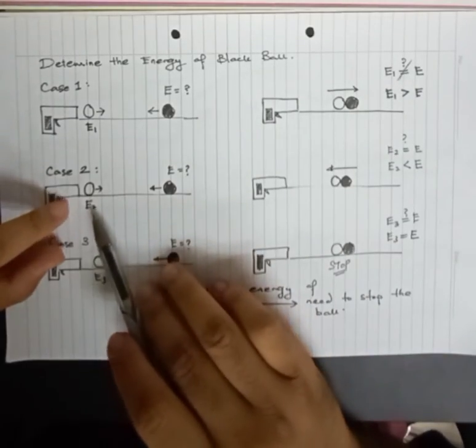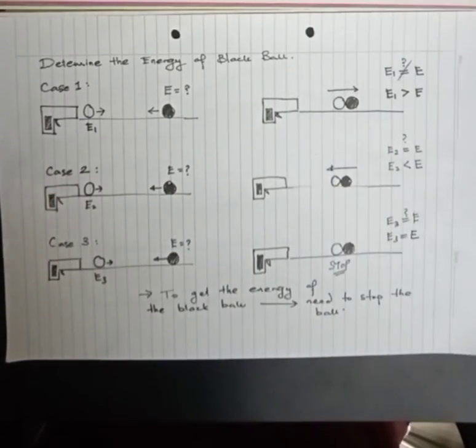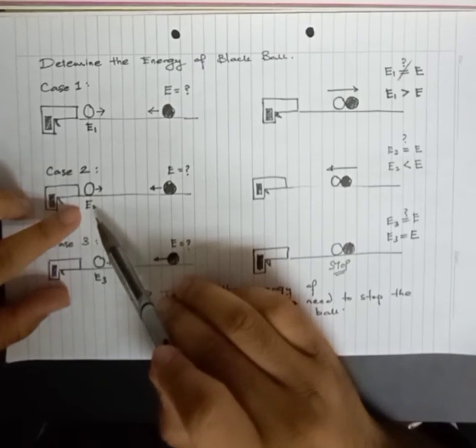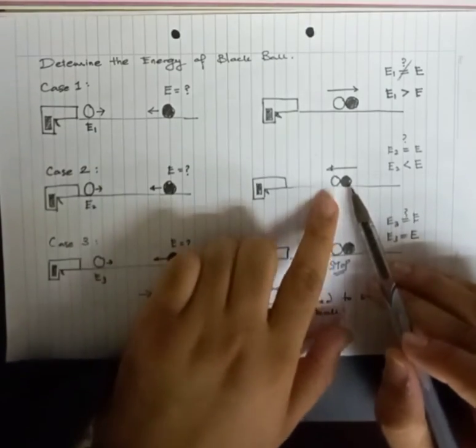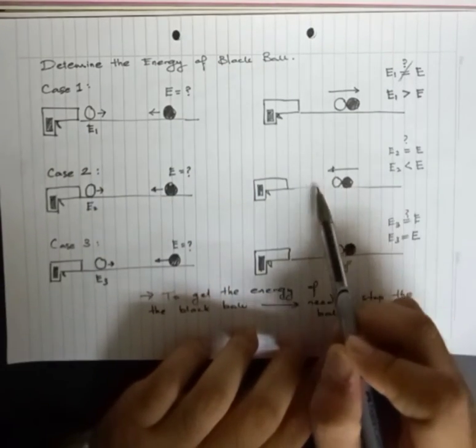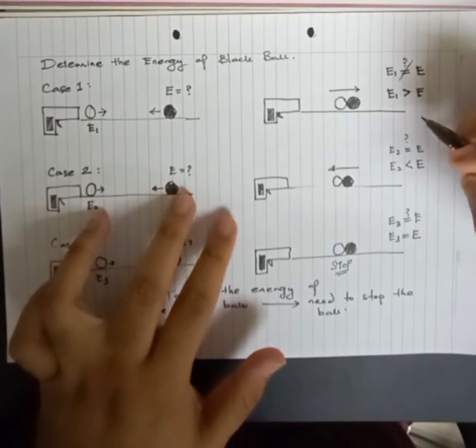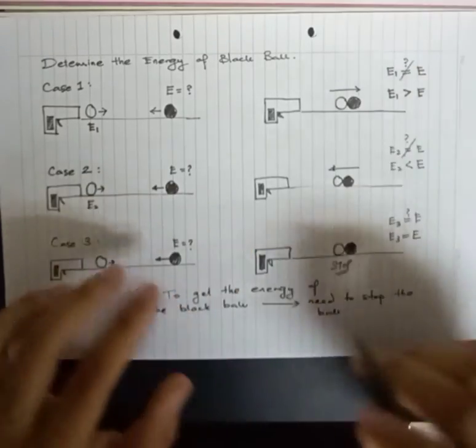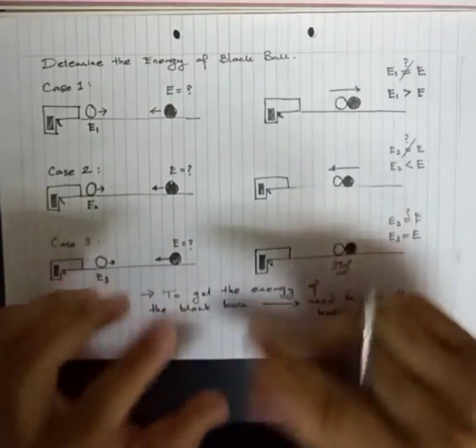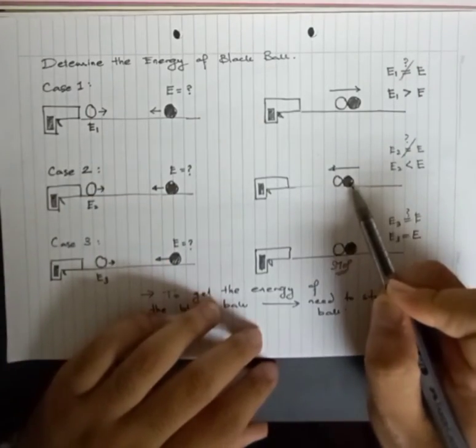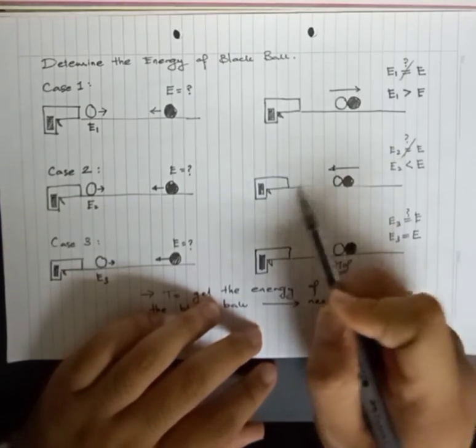For case 2, we set the energy of the white ball to be E2. When they hit together, both balls move to the left. That means E2 is also not equal to E. For this case, E2 is less than E, because the black ball is able to push the white ball to the left.